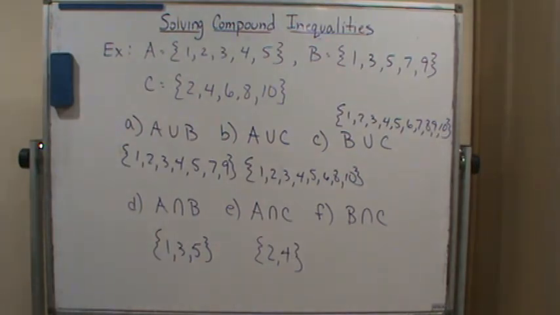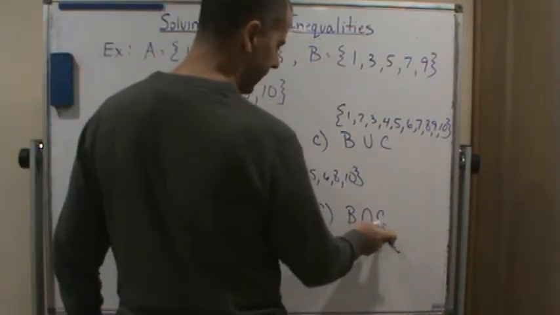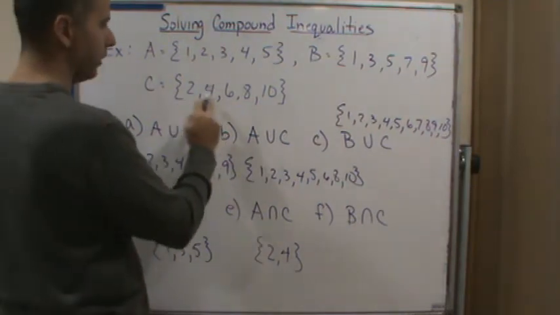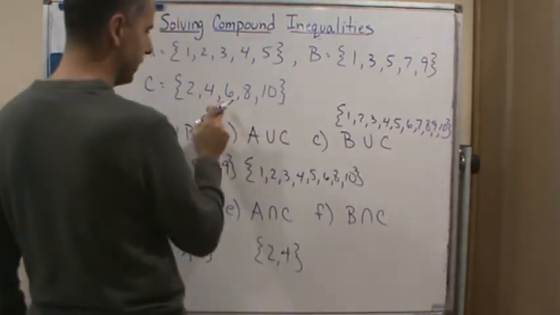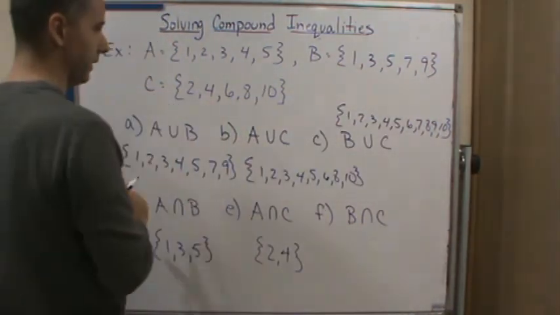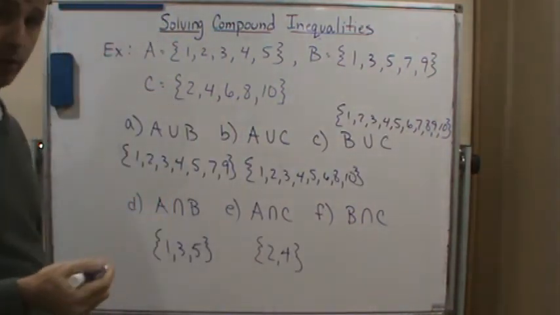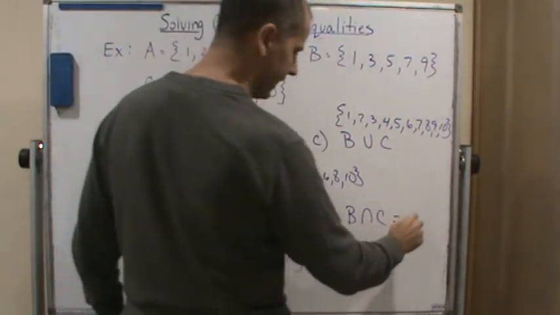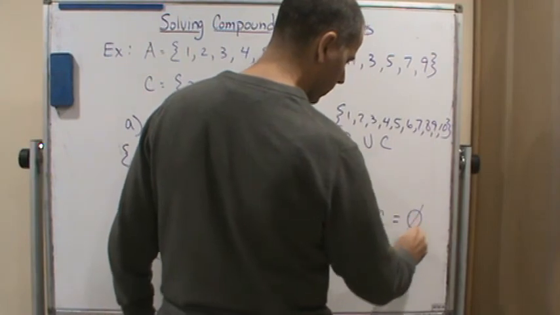Now, the final one, B and C. What's the intersection of B and C? Again, when it comes to intersection, it means we want what's in both. So, are there any common elements in both B and C? The answer is no. So that means B intersect C is the empty set.